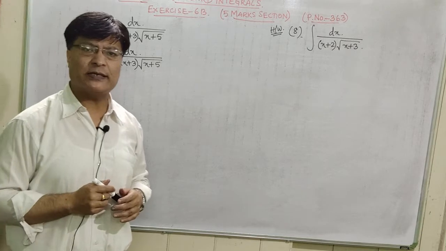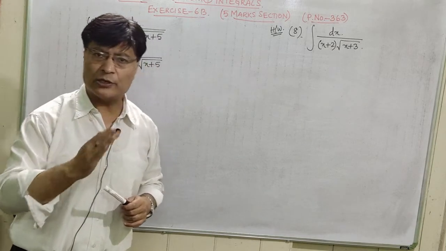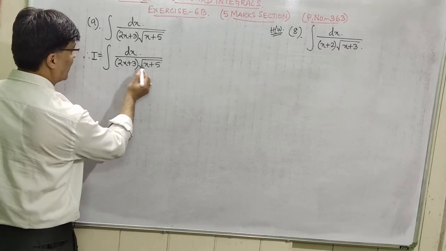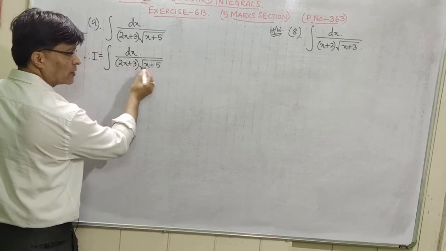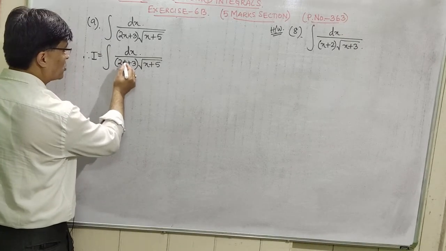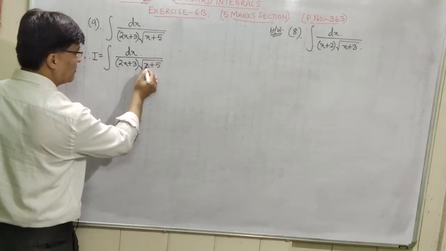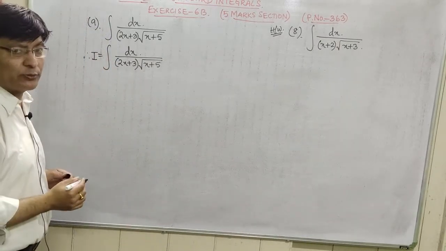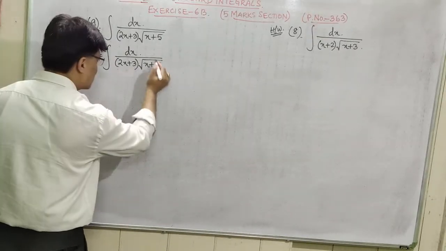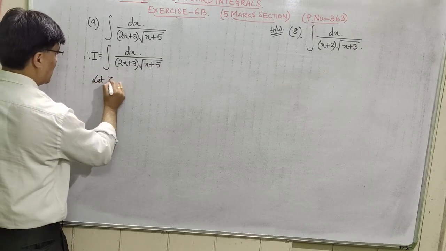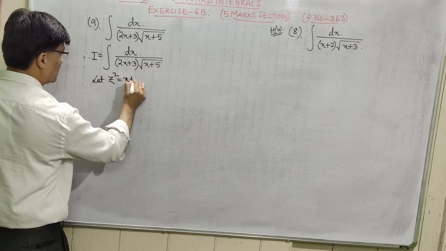The expression under the square root can be assumed as z square, because the power of x in both expressions is 1: 2x plus 3 has x to the power 1, and x plus 5 also has x to the power 1. So the expression under the square root can be assumed as z square if you have such type of integration. So let z square be equal to x plus 5.